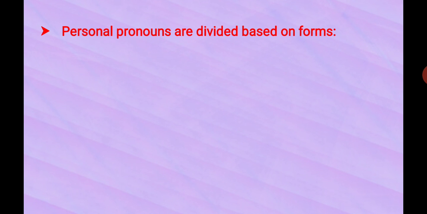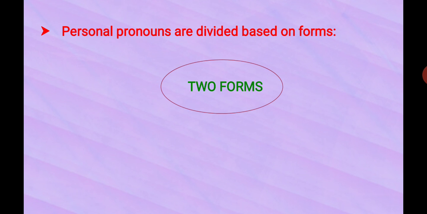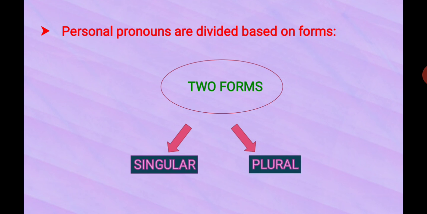Personal pronouns are divided based on forms. We already learned about how the personal pronouns are divided by point of view, right? Here we are going to see the chart of how personal pronouns are divided based on forms. There are two forms. We already know these two forms very well, and they are singular form and plural form, right?